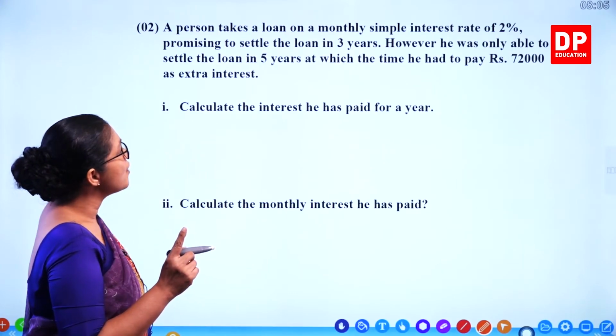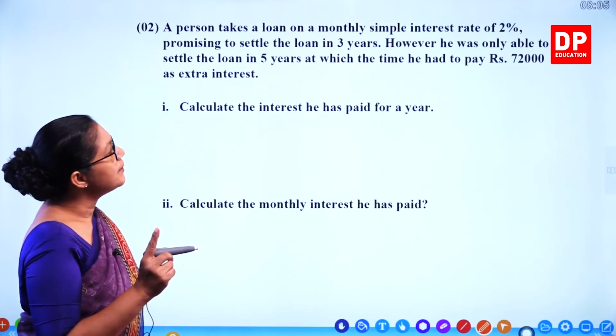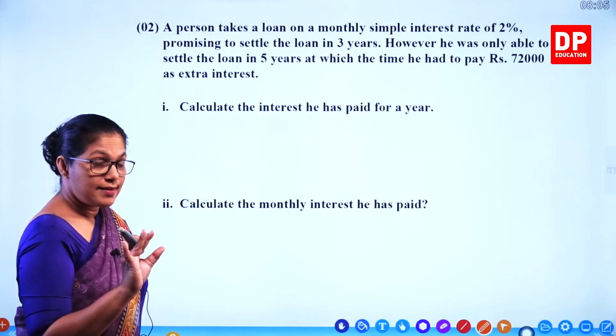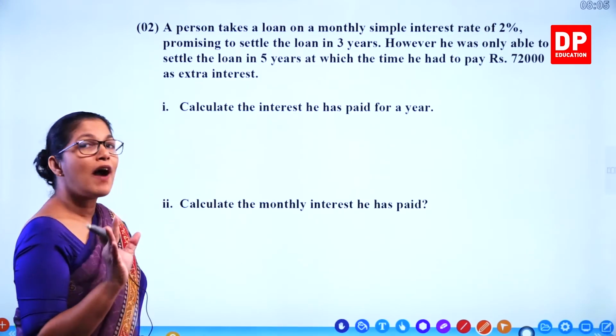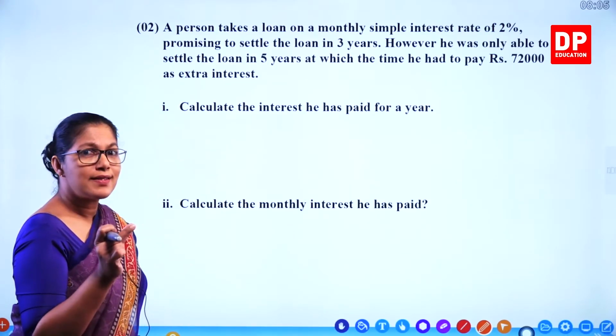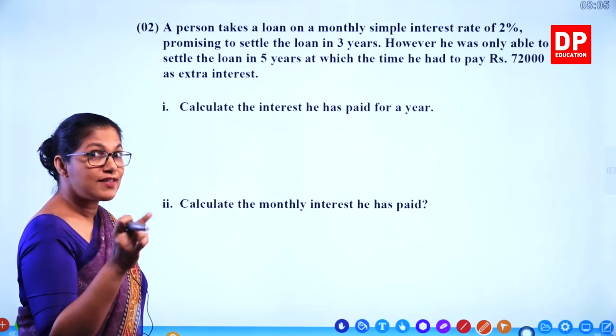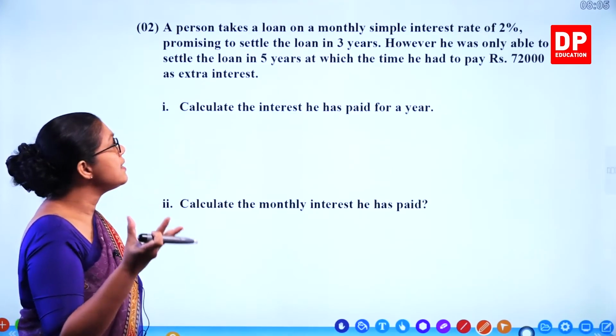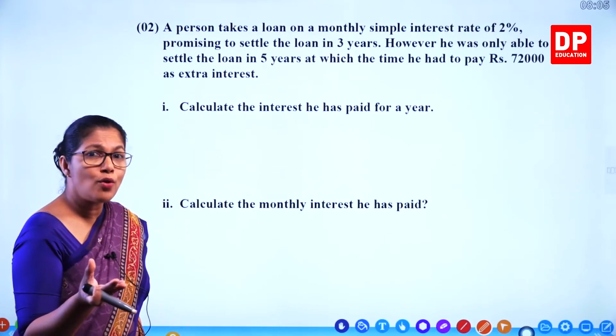Calculate the interest he has paid for a year. Now, earlier 3 years, but he took 5 years. So, what's the difference between 2 years? 5 minus 3, 2 years. For those extra 2 years, he had to pay 72,000.